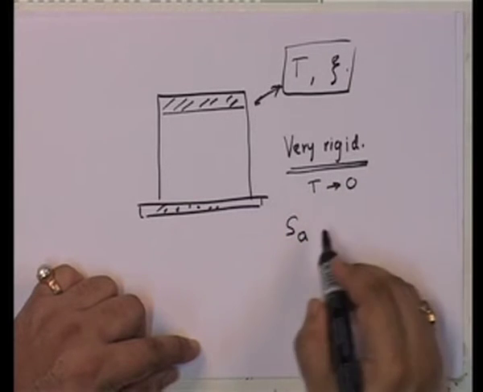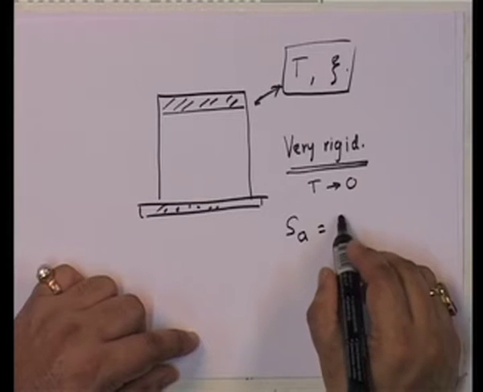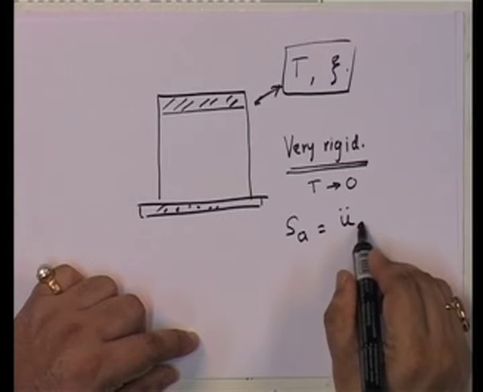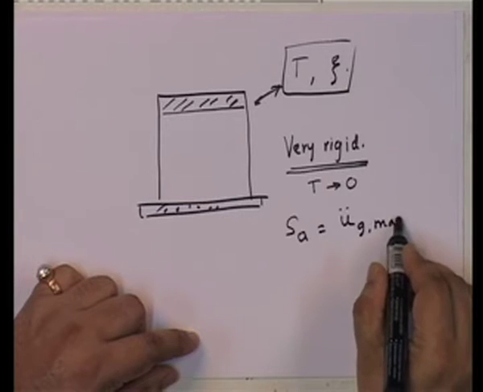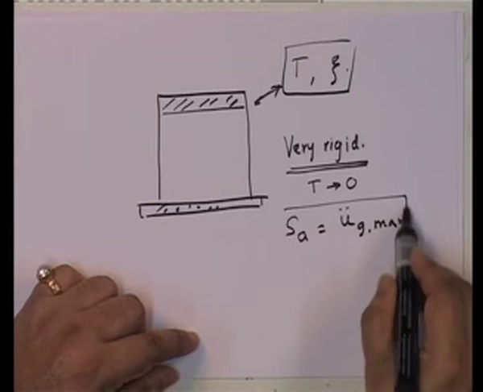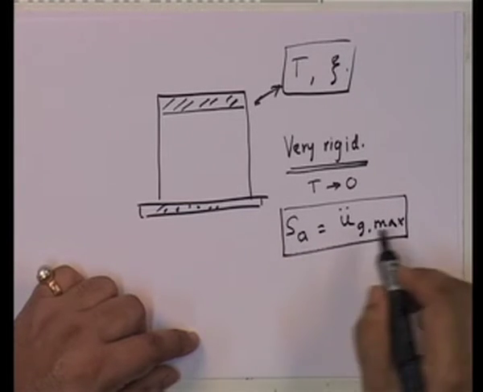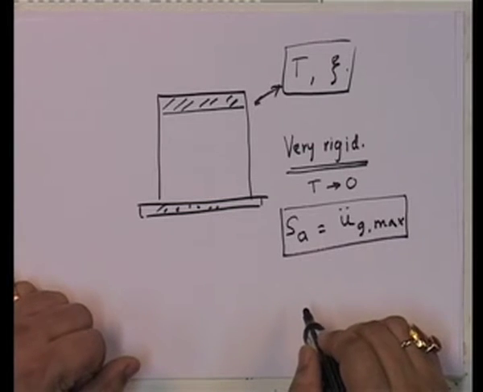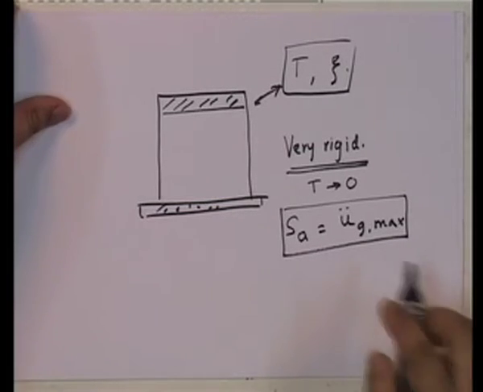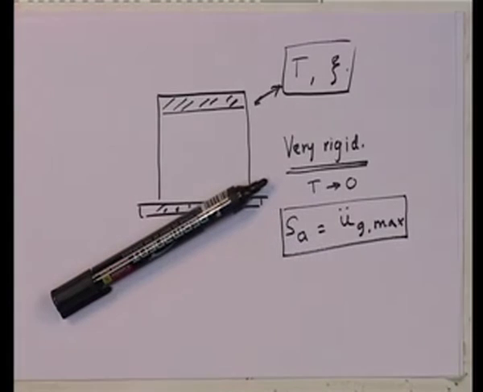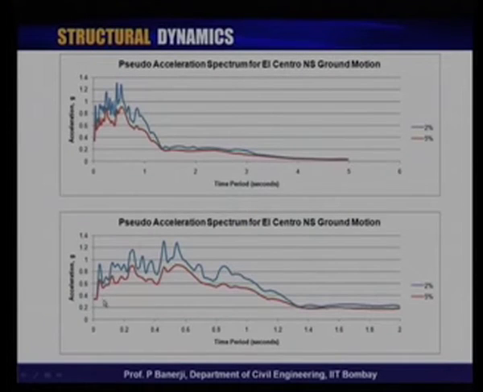As T tends to 0, S A becomes equal to u g max. Let us come back here. At T equal to 0, what is the value? If you read it off here, you will see it is equal to 0.33 g. Let us go back.